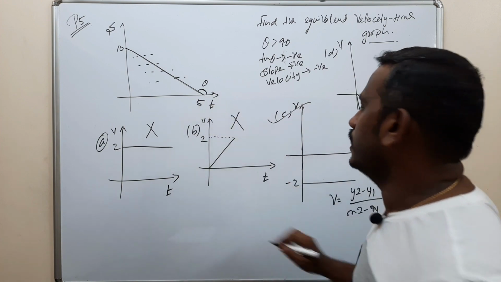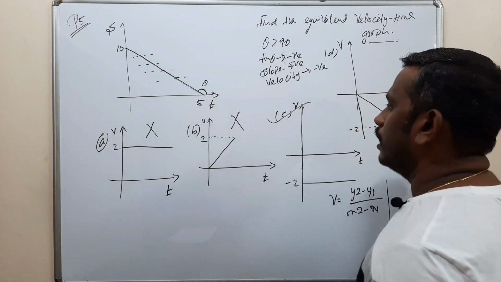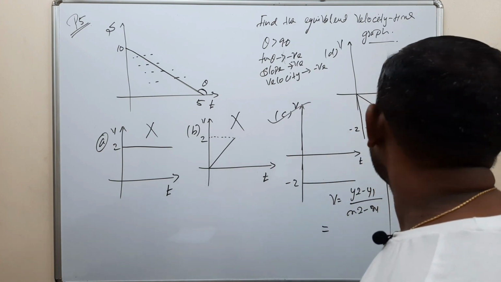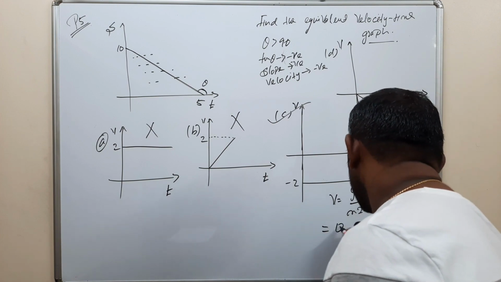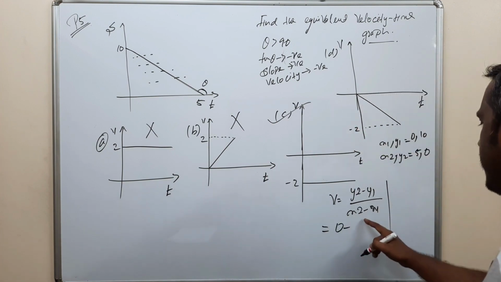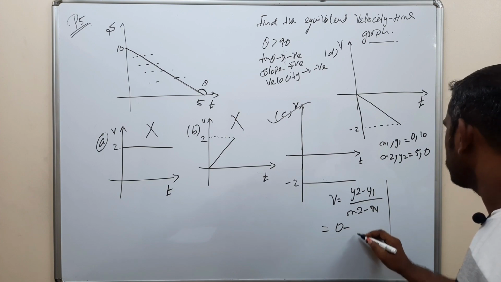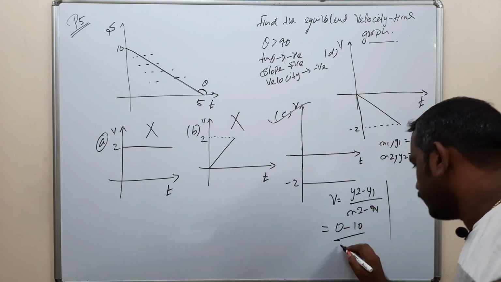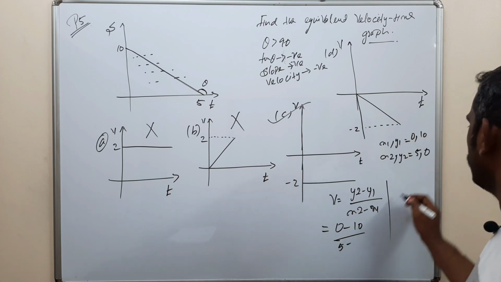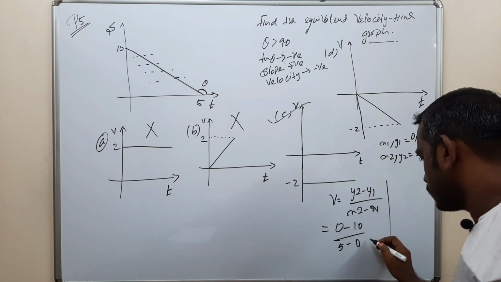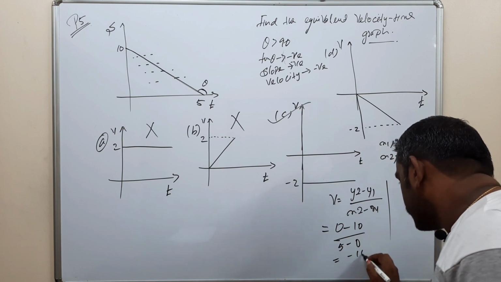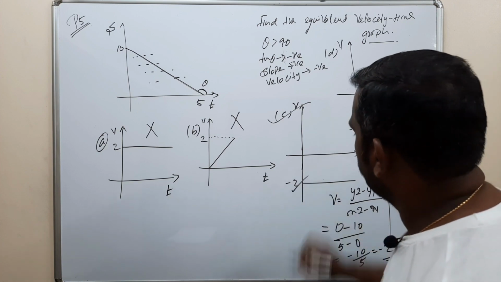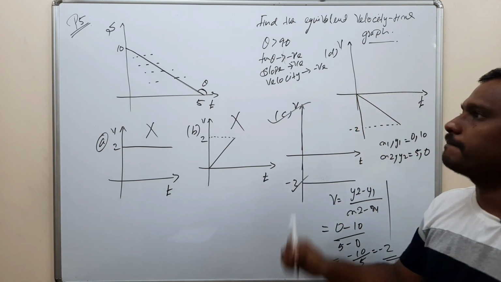At this point x2 is 5, y2 is 0. Substitute the values: 0 minus 10, divided by 5 minus 0. That's equal to minus 10 divided by 5, which is equal to minus 2. So that is the answer.